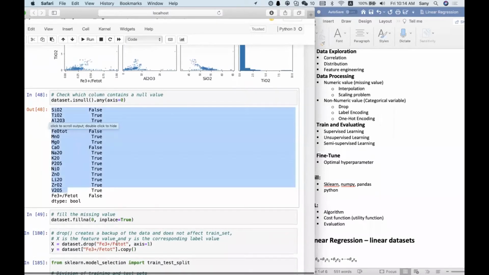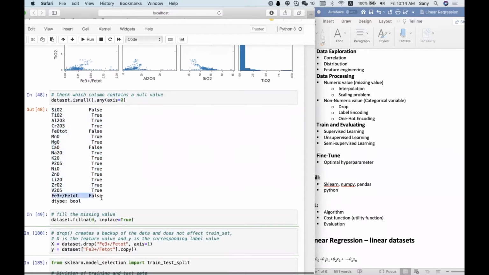This is a term you should get accustomed to, the feature value, because it will be seen as X. And the Y value in this datasheet is phase 3 plus over phase TOT, phase total, the corresponding label value.